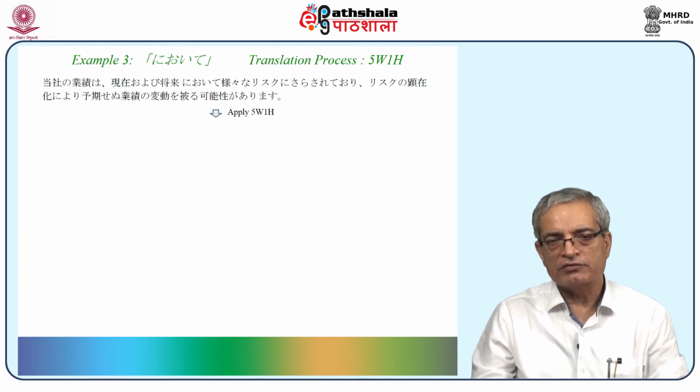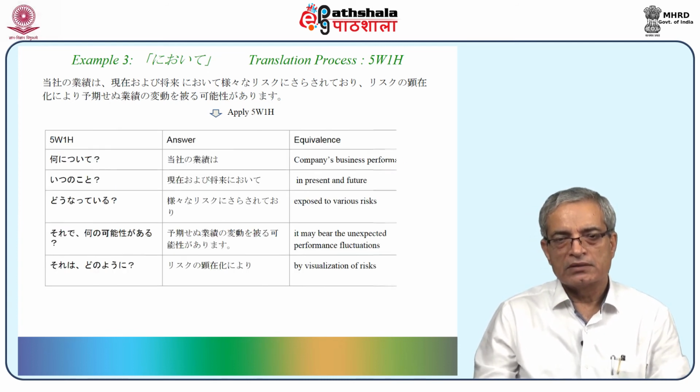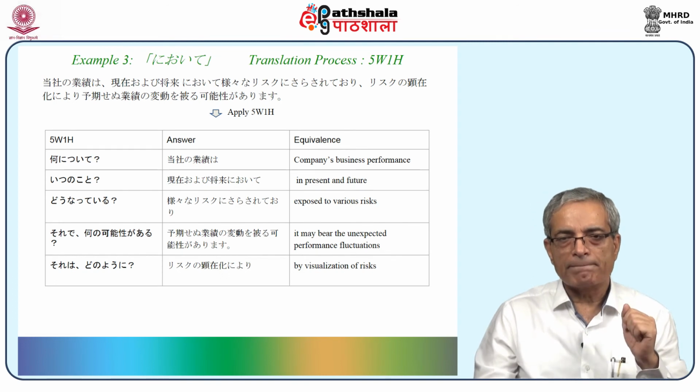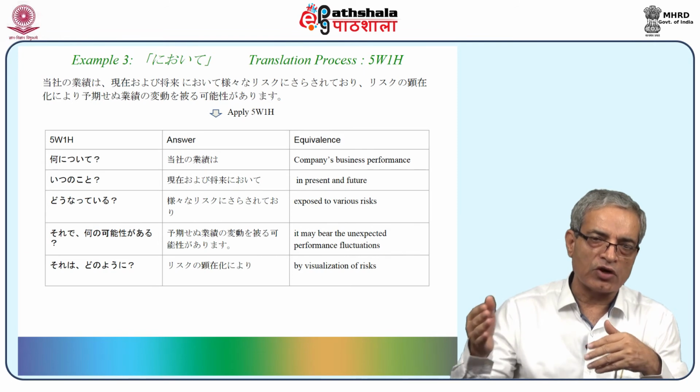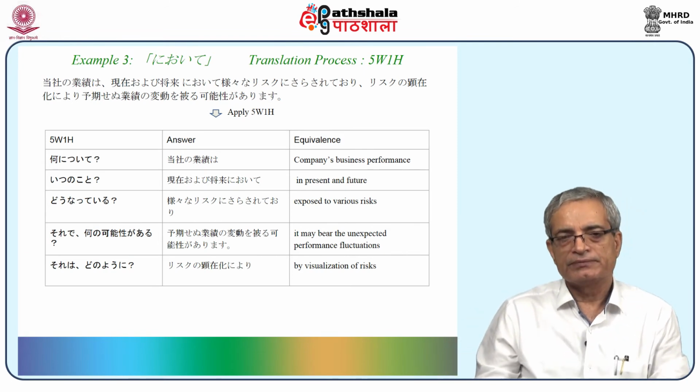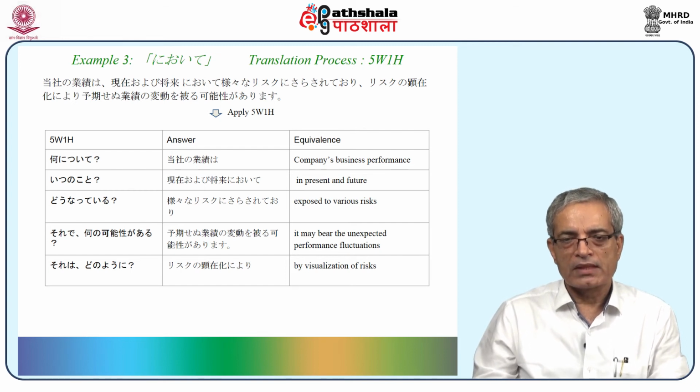Yes, Swaralika, one by one, please answer. Okay, Toshanu Gyose Kiwa. This is the topic we are talking about. So she's asking Nani Suita. I'm saying the topic is this in this particular case. Itsunokoto. Itsunokoto is Genzai Oyobi Shorai ni oite. Do natteru. Samazama na risk ni sarasarete ori.